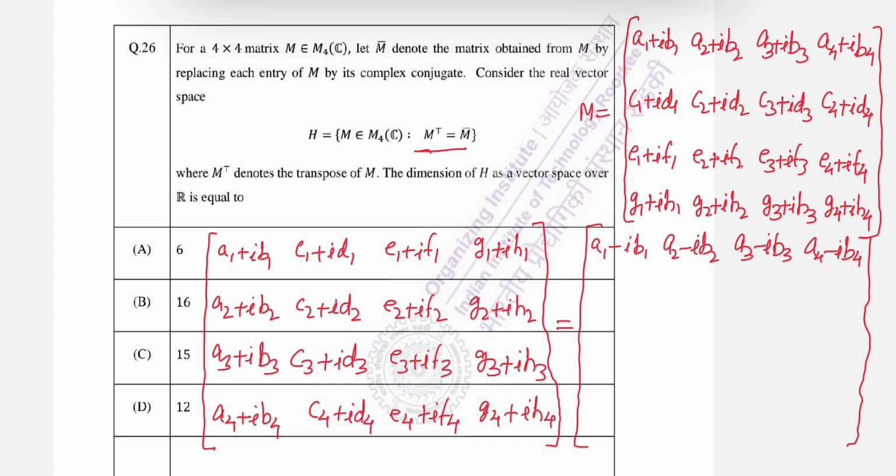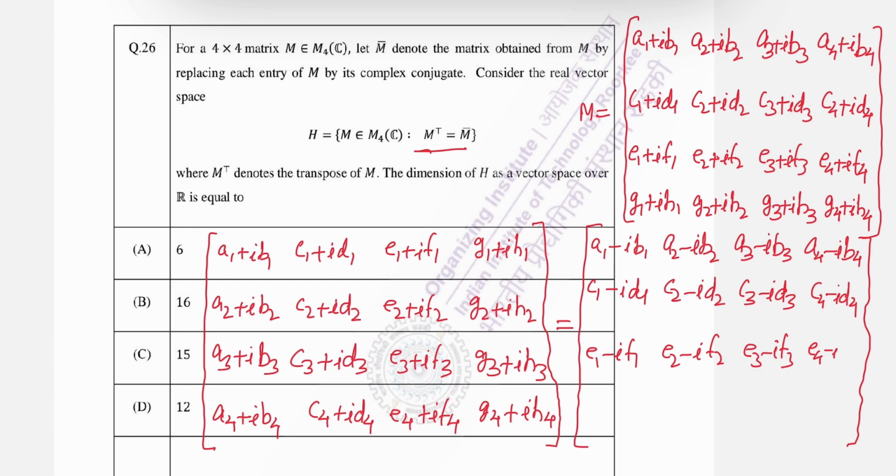Now the second row: C1 minus iota D1, C2 minus iota D2, C3 minus iota D3, C4 minus iota D4. The third row: E1 minus iota F1, E2 minus iota F2, E3 minus iota F3, E4 minus iota F4.